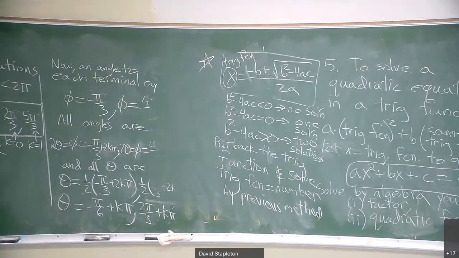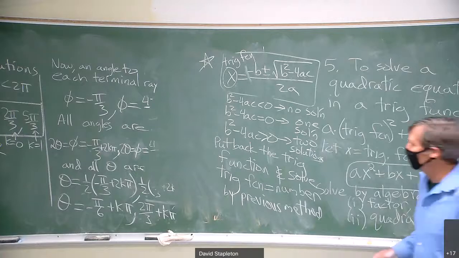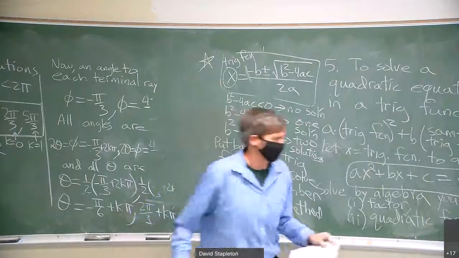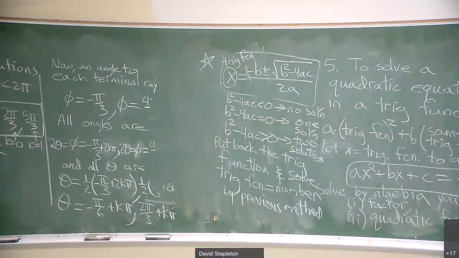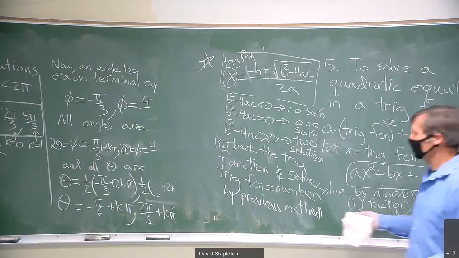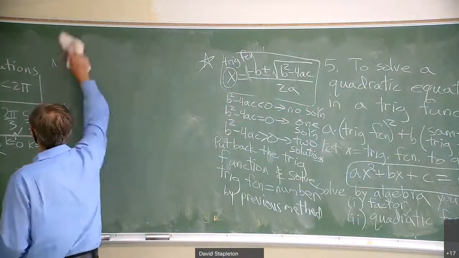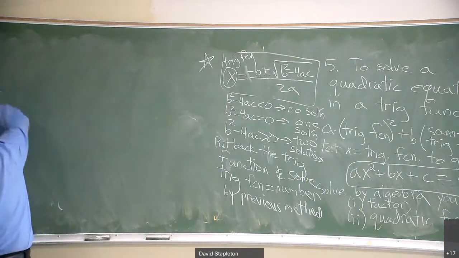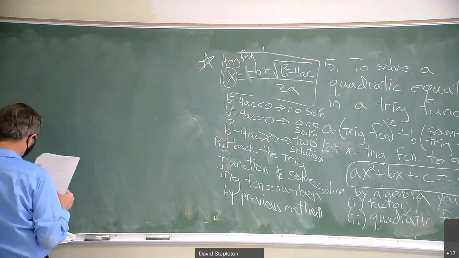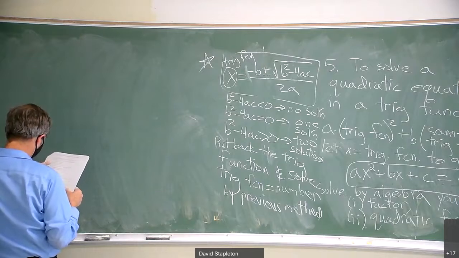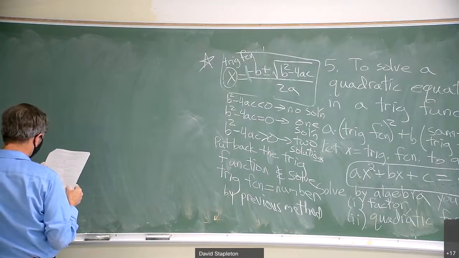So let's try one of these off the sheet here. Check the time too. We're getting close to the end. So frustrating to be halfway through a problem and the clock runs out. So here's one off the homework here. When you do it, you can see if you get the same answers.